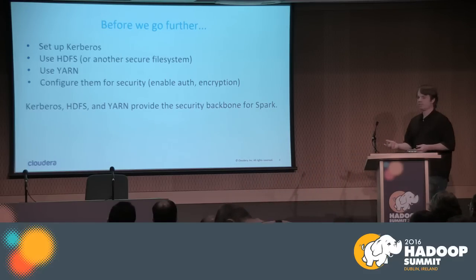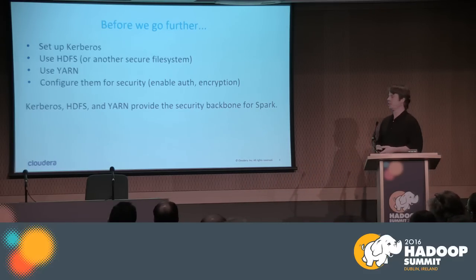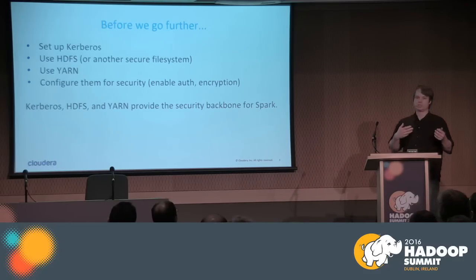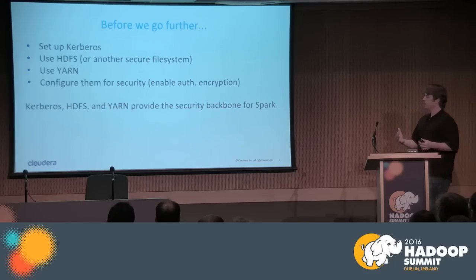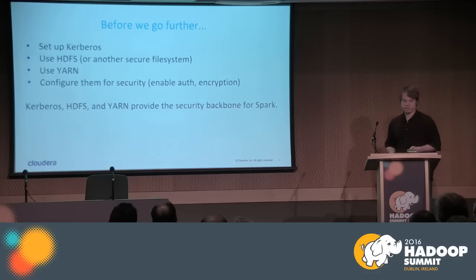And of course, you need to configure all these different services to use security. So you need to configure HDFS and Yarn to encrypt data and to provide proper authentication and talk to Kerberos.